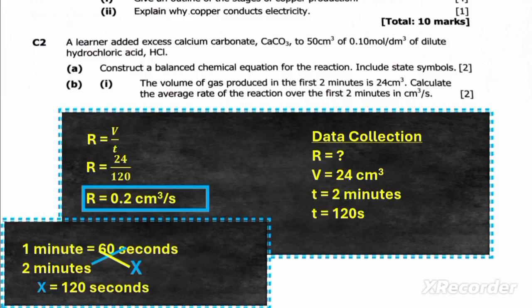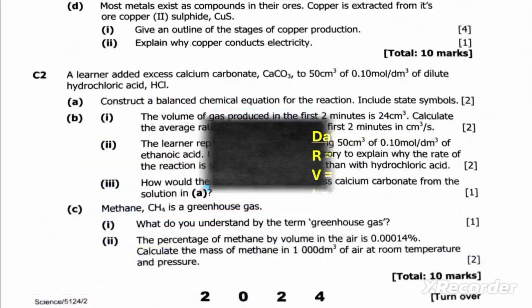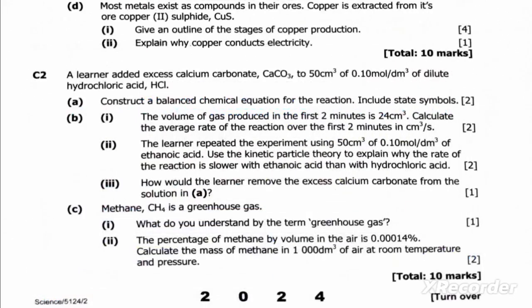By the way, you are free to pause the video and assimilate the information given here. We move to the next question, which is B, Roman numeral 2. How would the learner remove excess calcium carbonate from solution in A? Okay, we have skipped one question.